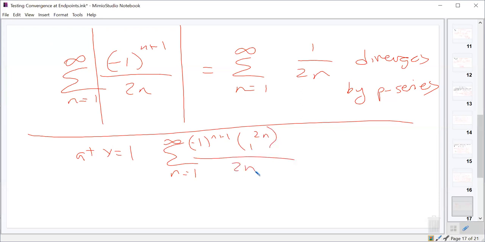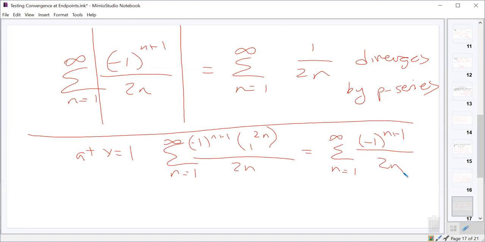And as we go through and do this one, first thing we'll note is that this becomes what? It just becomes -1 to the n plus 1 over 2n. That 1 to the 2n is insignificant. It just is another 1 that's thrown in there.